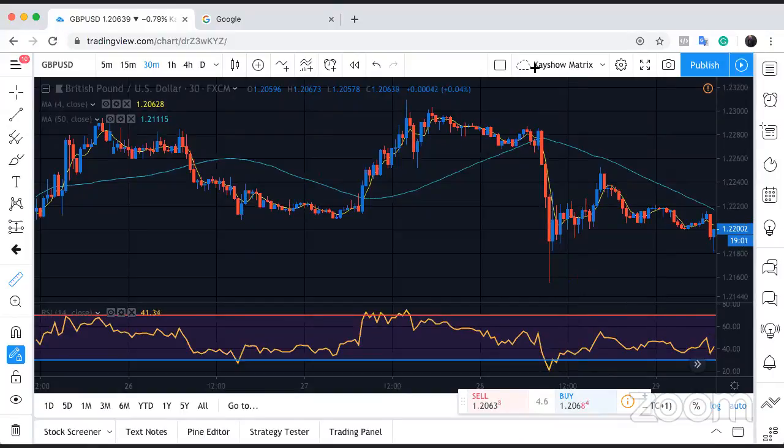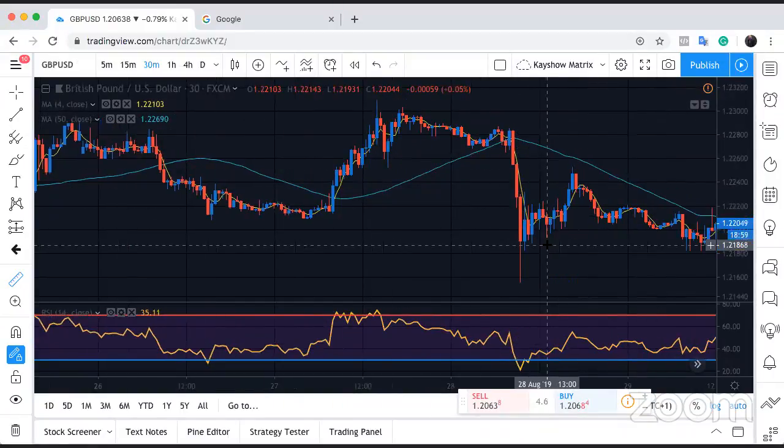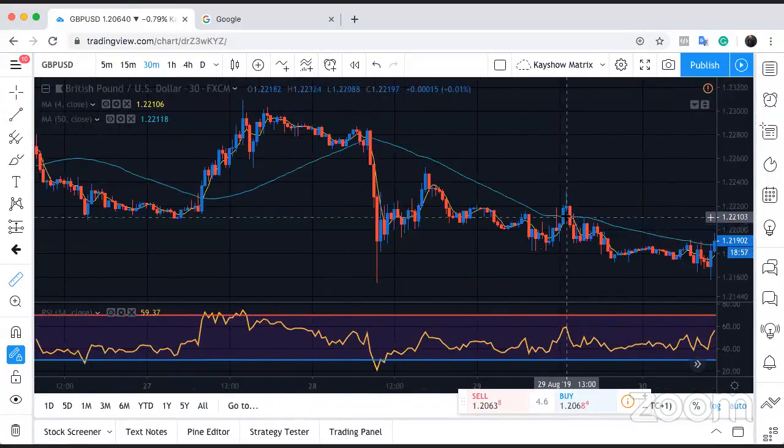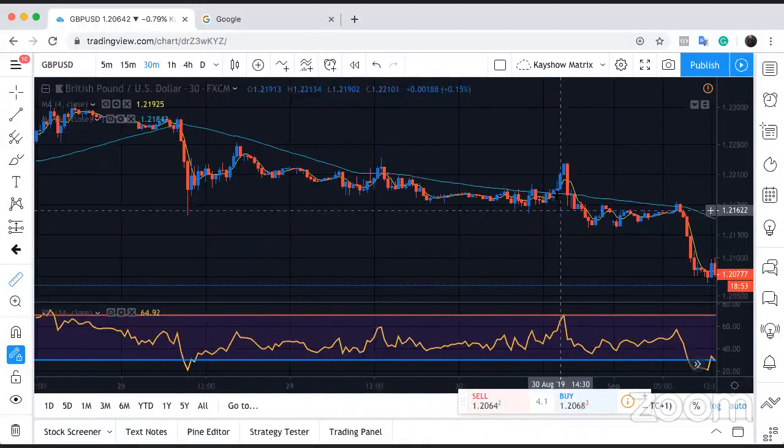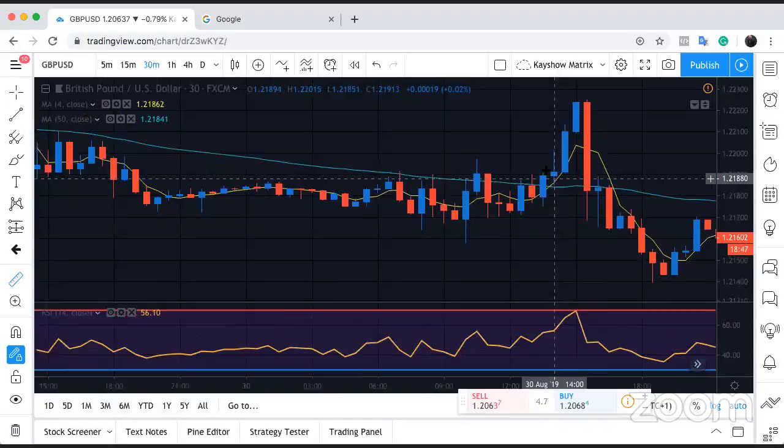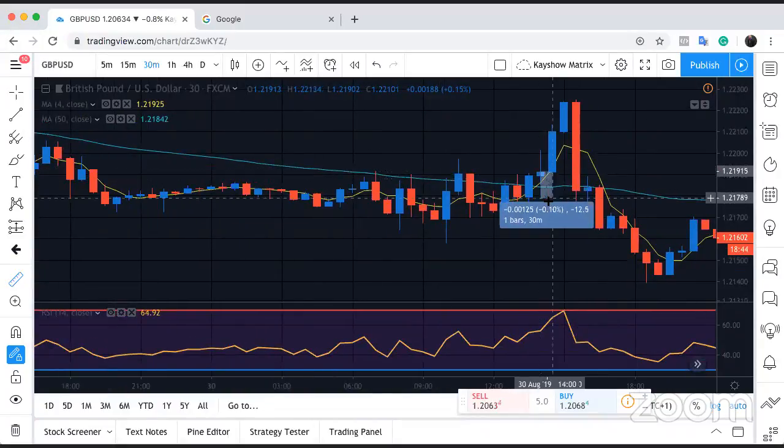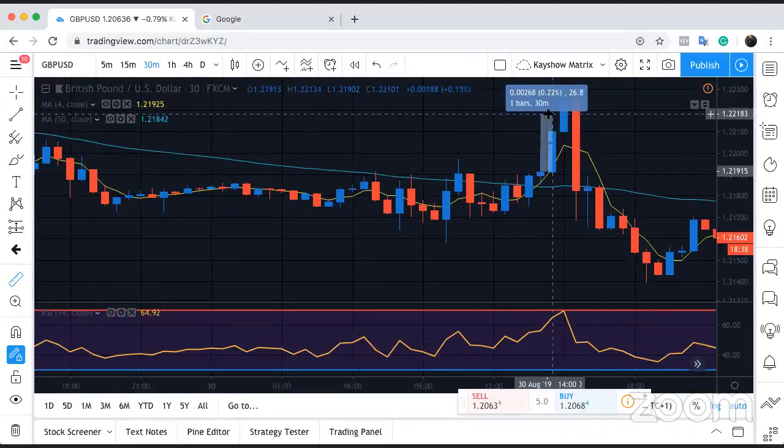It crosses down again into a sell. It almost crossed up here, but it didn't cross up. It went back down. It crossed up here, but it didn't go too far. So if you had done your stop loss and take profit, you would have been in. Here your stop loss would be like 16 pips, so let's say 20 pips, and then I go for 20 pips, and you make your profits.